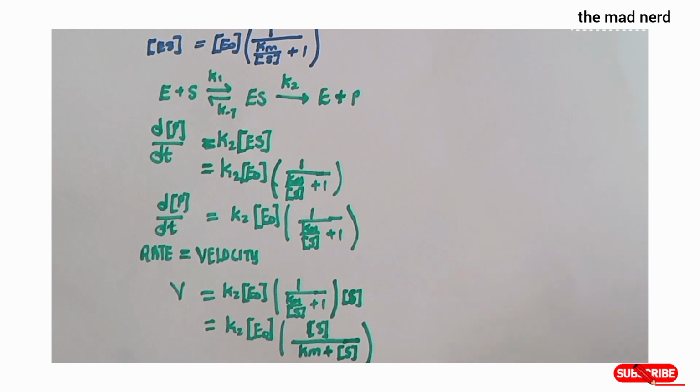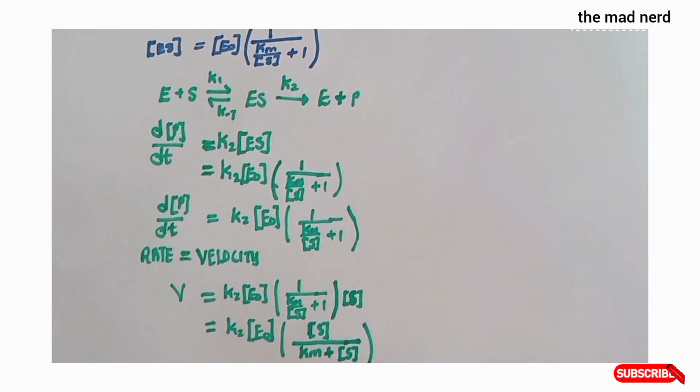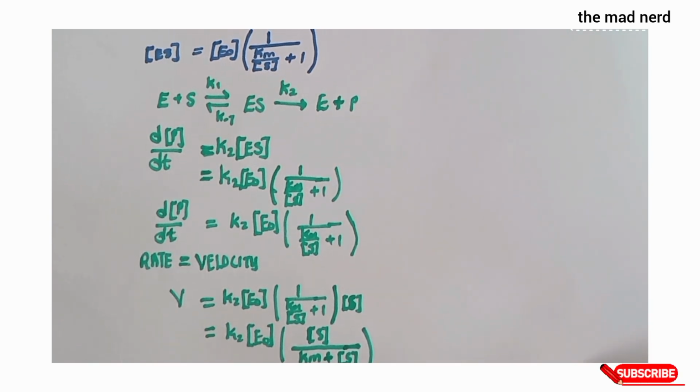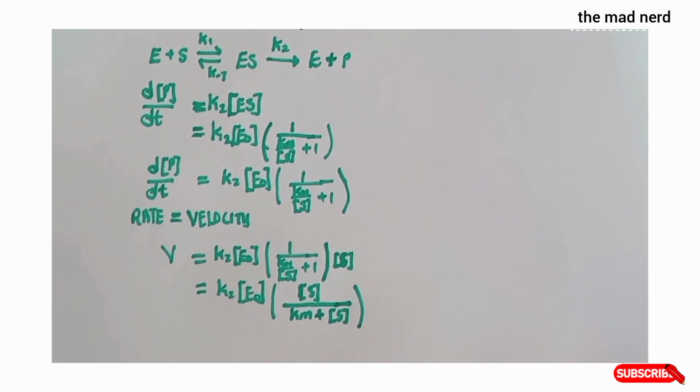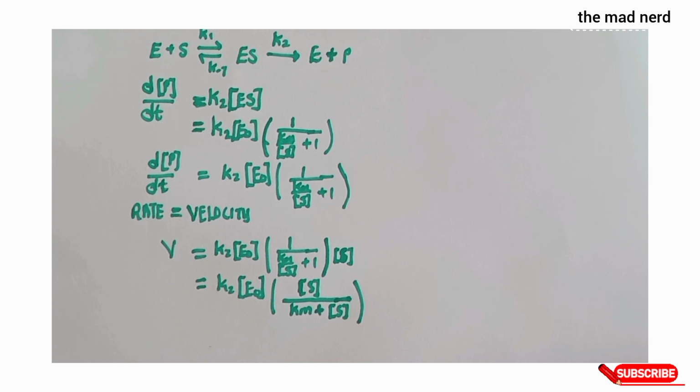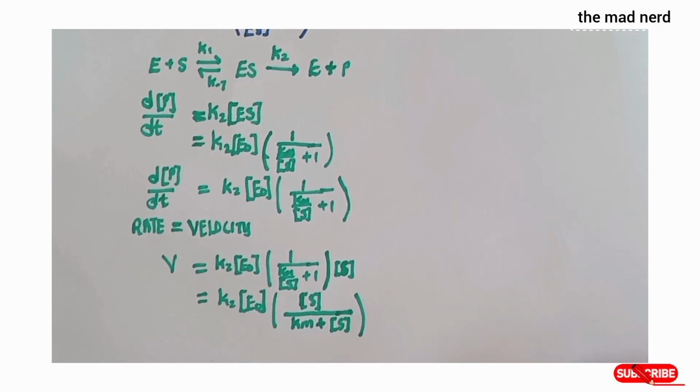And then what I need to tell you also in this Michaelis-Menten equation is that we have a Vmax. The Vmax is whereby the enzyme active site is saturated with the substrate. Do you remember when I said that E naught is equal to ET?